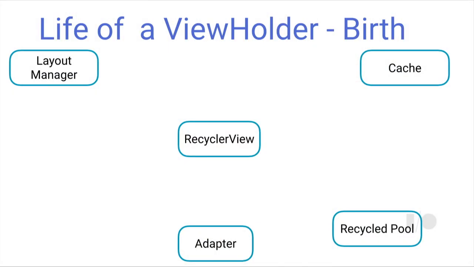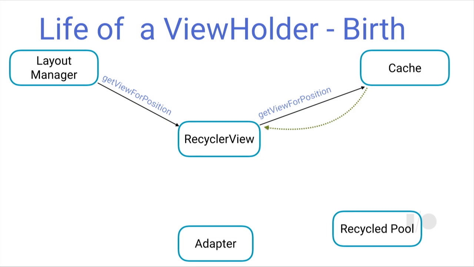What are the stages? While the layout manager is calculating the layout, it tells the RecyclerView, okay, give me the view for position 5. So it wants to get the view for that position. RecyclerView checks the cache. Because we cache the views now, if we already have it in the cache, we will return it to the layout manager.